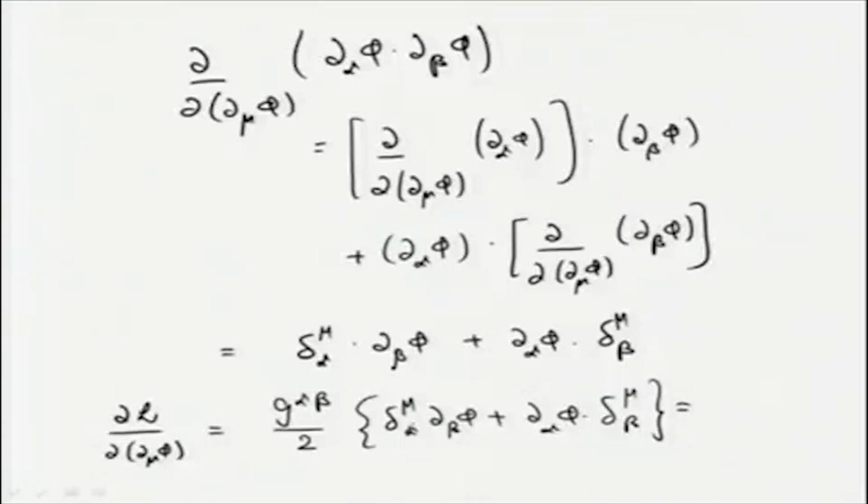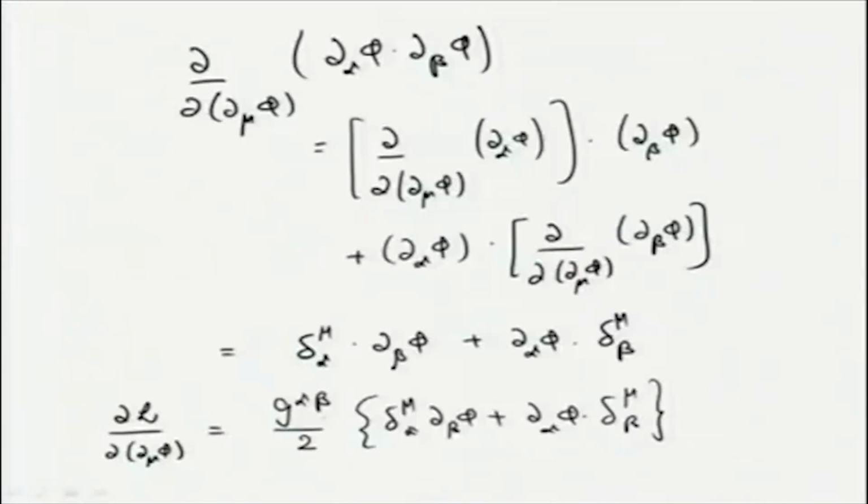What is happening is, firstly the delta mu alpha will change the alpha in g alpha beta to mu. Maybe let us do that slowly in the next slide. So, this is therefore equal to g alpha beta.